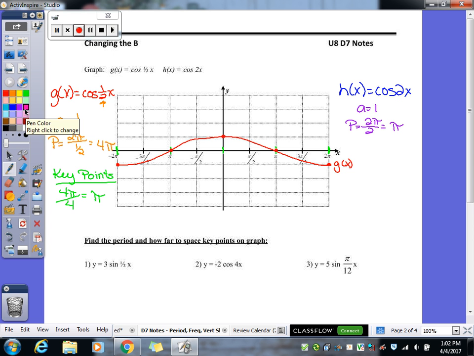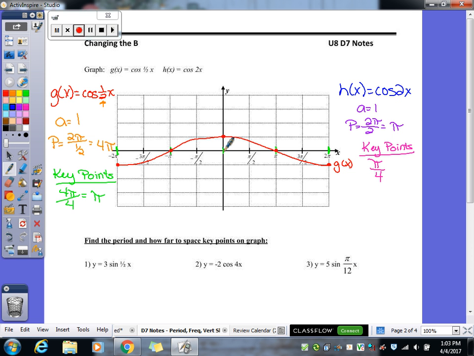So let's figure out where our key points are going to happen. I take the period, which in this case is pi, and I divide it by 4. Really there's nothing else you can do there. It's just pi over 4. So if you think back to our radian day, pi over 4 is how many degrees? 45.